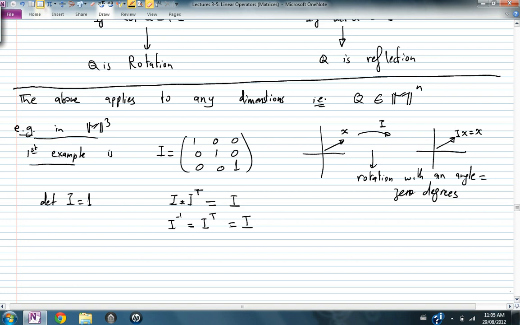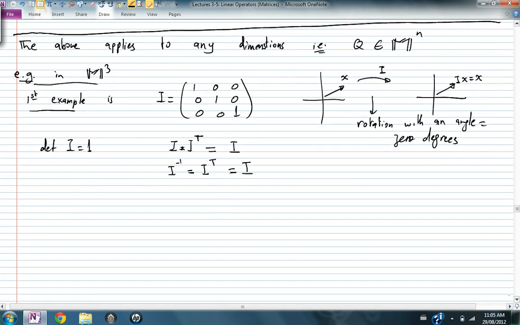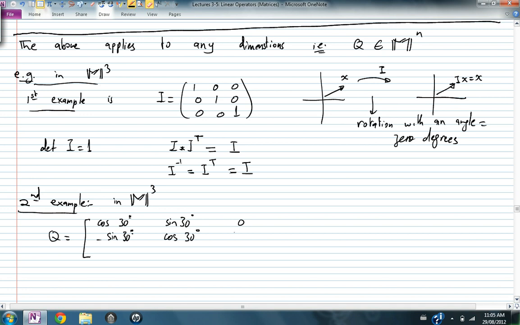Let's look at another example. Let's say in M3 as well. Let's look at Q: cosine 30 degrees, sine 30 degrees, 0, negative sine 30 degrees, cosine 30 degrees, 0, and 0, 0, 1.